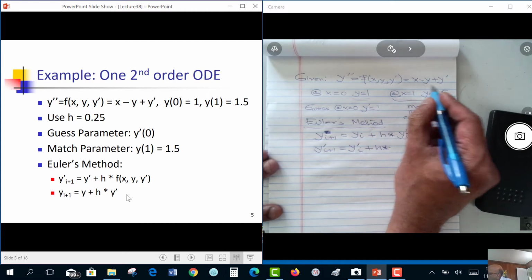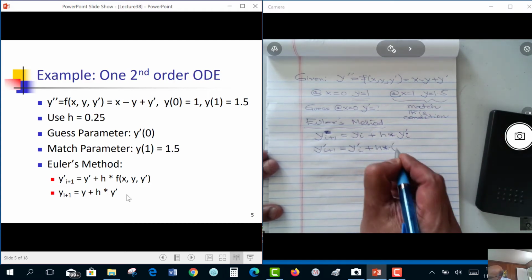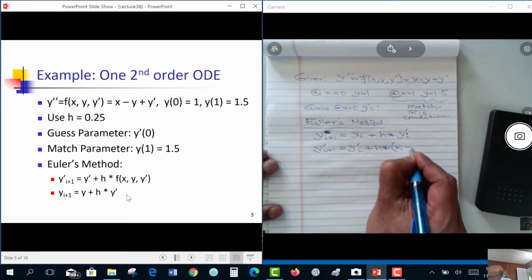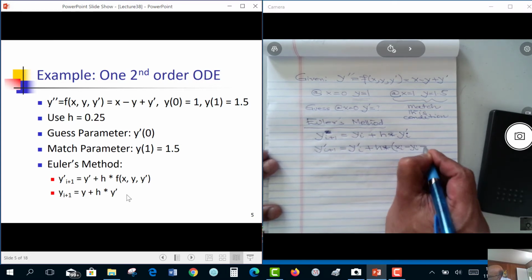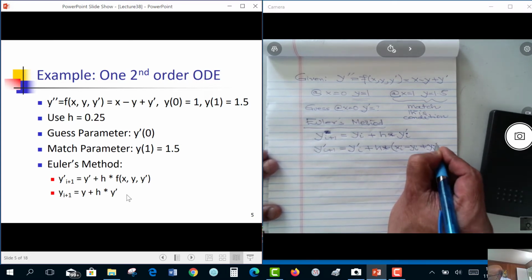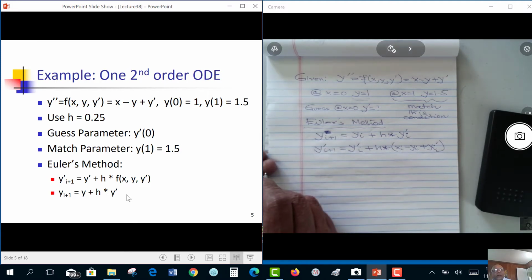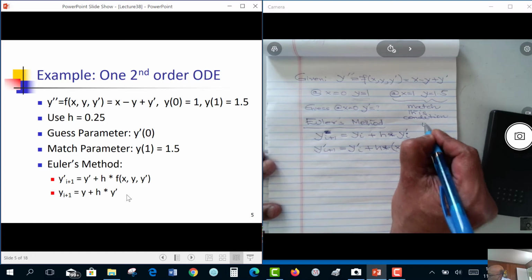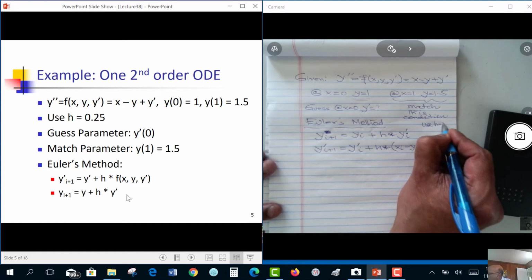Now our function is x minus y plus y prime, so let's write it: x minus y plus y prime. And we are going to use h is equal to 0.25.